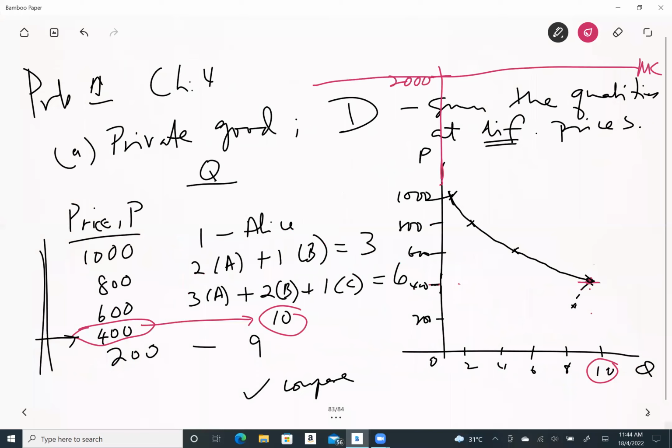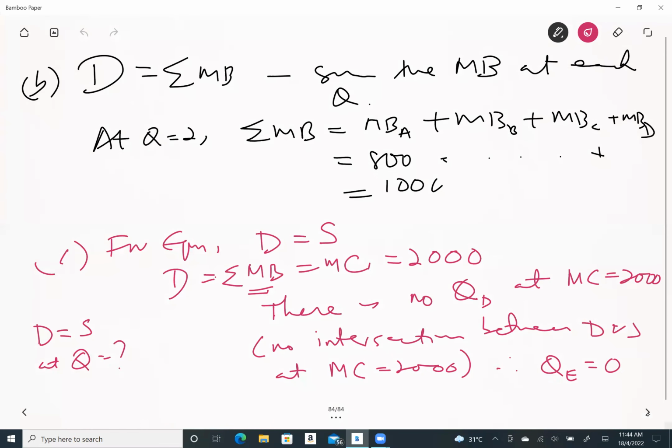You extend it up, so there is an intersection. But what is the problem with that intersection? It's not logical, the quantity is negative. So it will happen at Q less than 0.